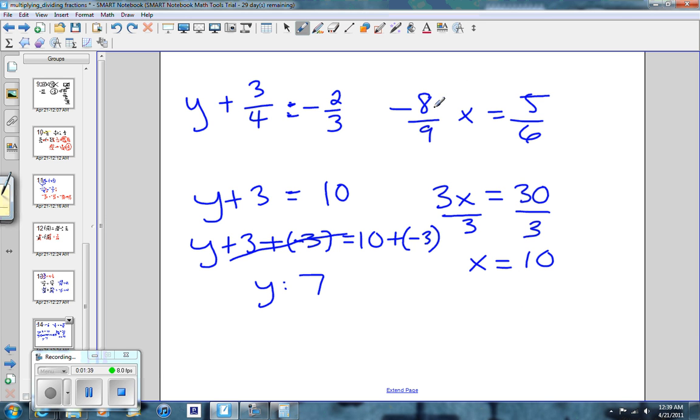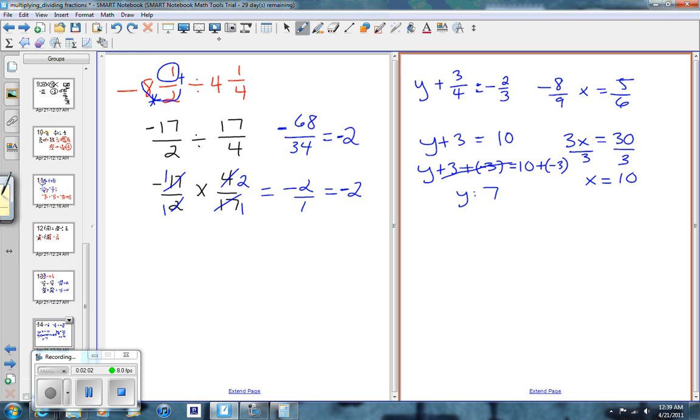This is really the same thing up here. They're just simply adding fractions instead of whole numbers. We're going to have to add a negative 3/4 to both sides to get y by itself. Over here, they're multiplying by negative 8/9. We can divide by 8/9, but it's going to get a little bit messy if we do that.